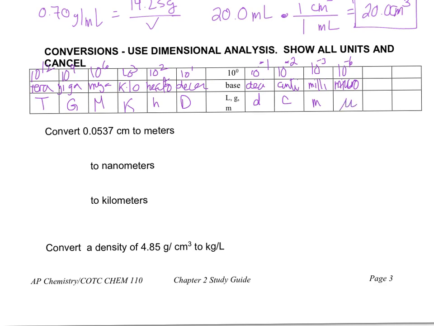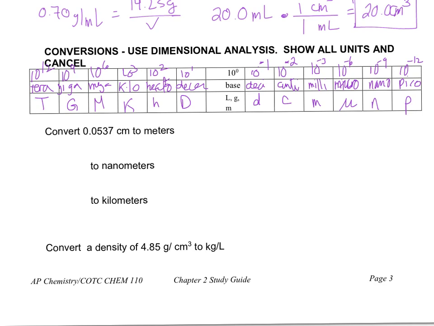And its symbol is the Greek letter mu, which sounds like an M, but it looks like a U. 10 to the negative 9 is nano, with an N. 10 to the negative 12 is a pico. 10 to the negative 15 is a femto. And so on.